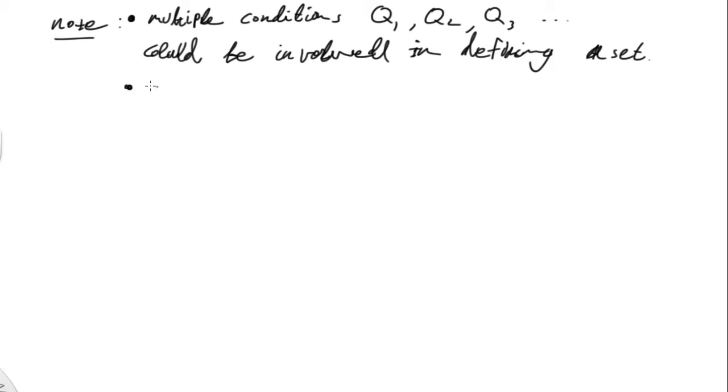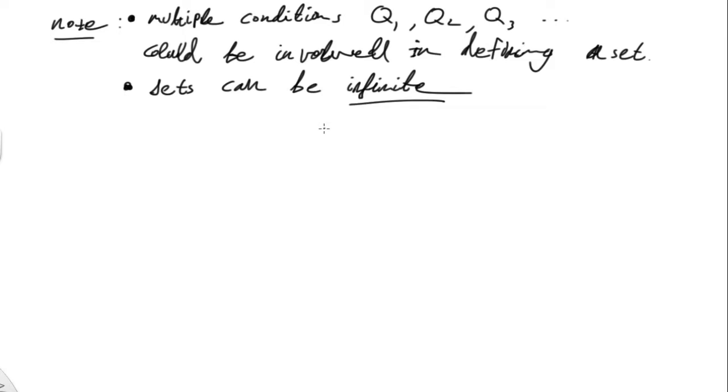Another thing to note would be, of course, sets can be infinite. They can be infinite, and that could be countably infinite or uncountably infinite, and we'll elaborate on that later. They don't have to be finite.